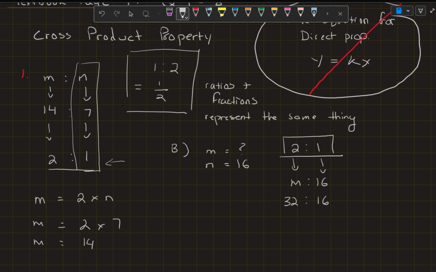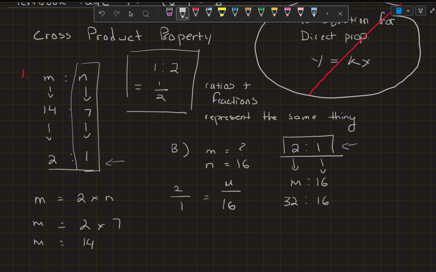So remember when I said that a ratio is just a fraction? So that's what we're going to use. So I have my first fraction, which is my basic, right? So 2 over 1 is the same as m over 16. M being the value that we don't know, okay?